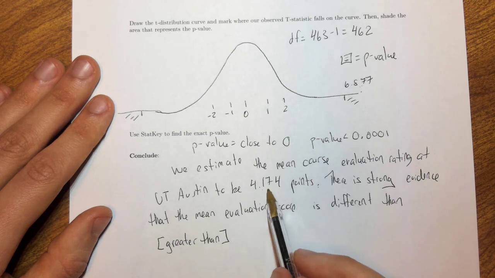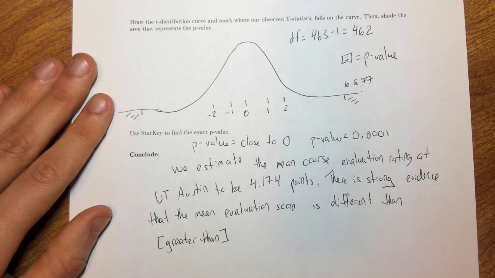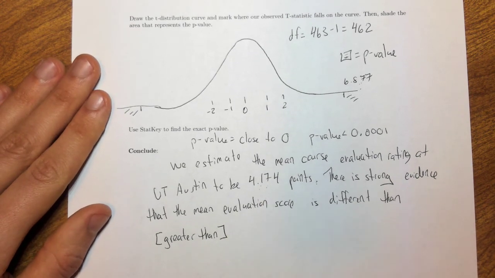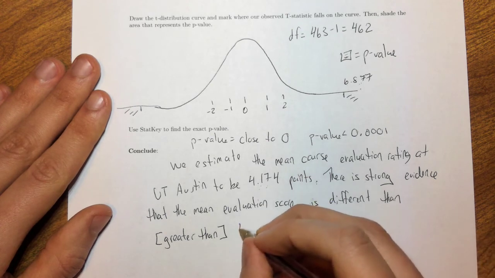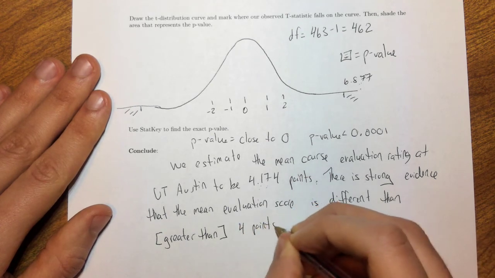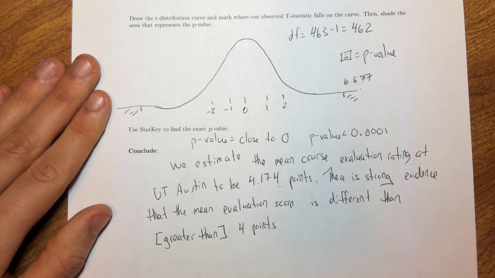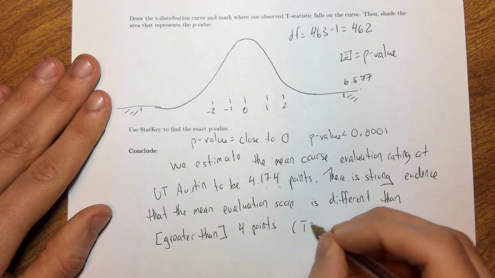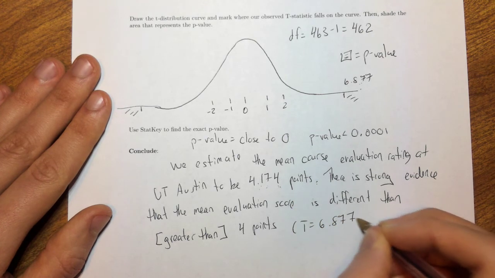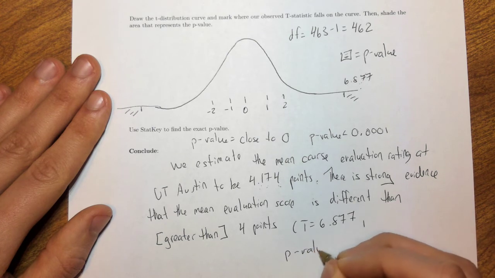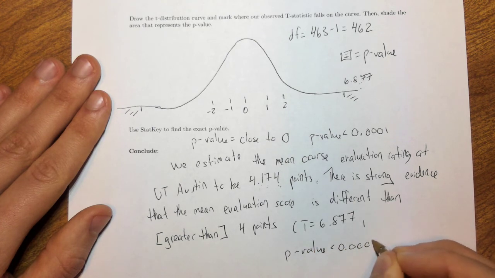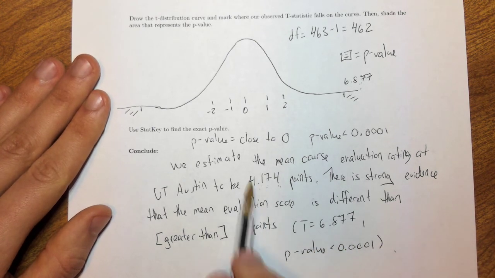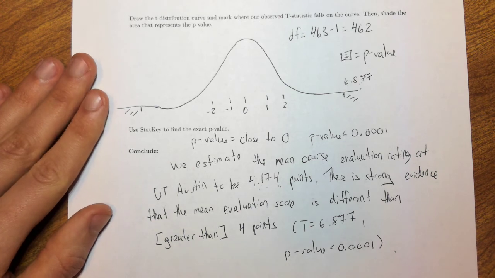Either way, since we included this point estimate, any reader is going to be able to realize that the reason that it's different than 4 points is because it's bigger. And then I just want to say at the end what my t-stat was and what my p-value was. So we're matching the structure of the conclusion to exactly what we did with proportions.